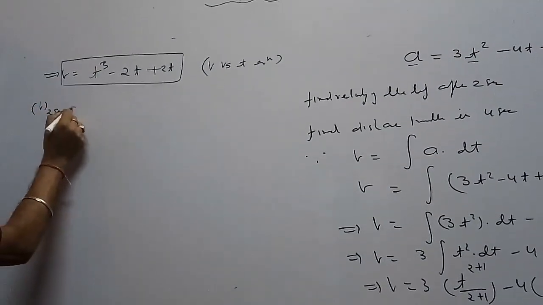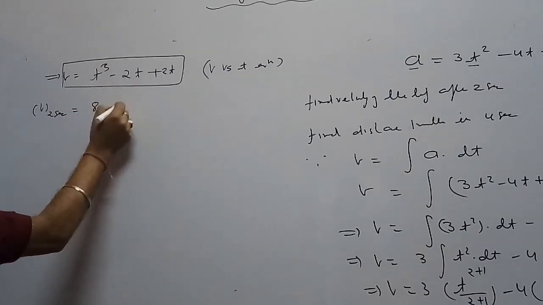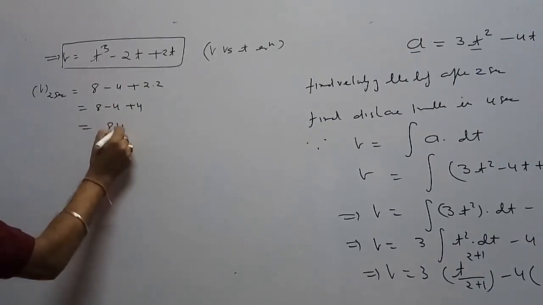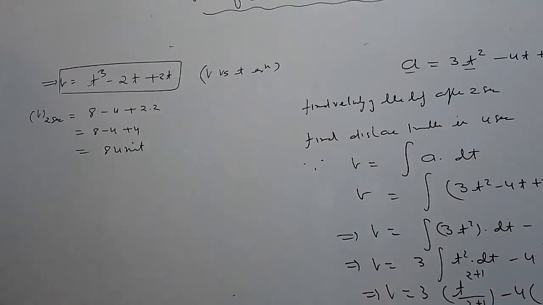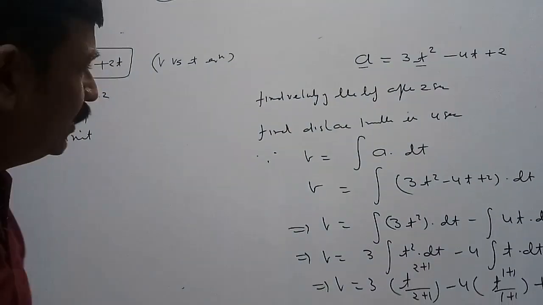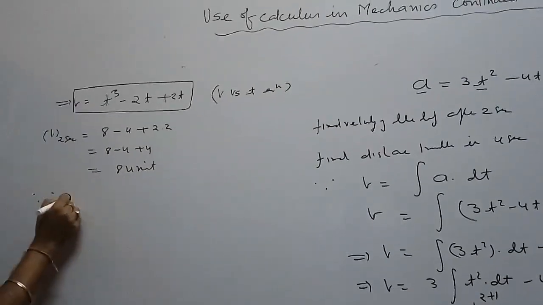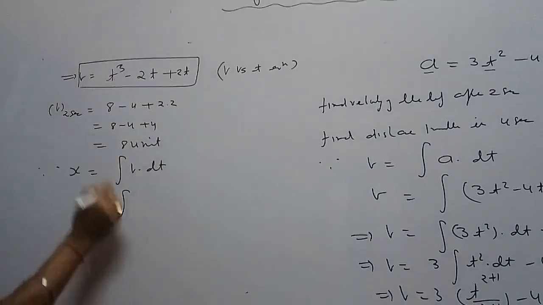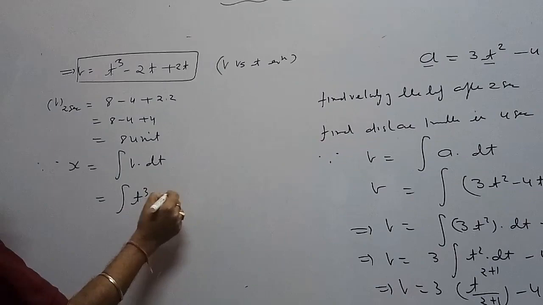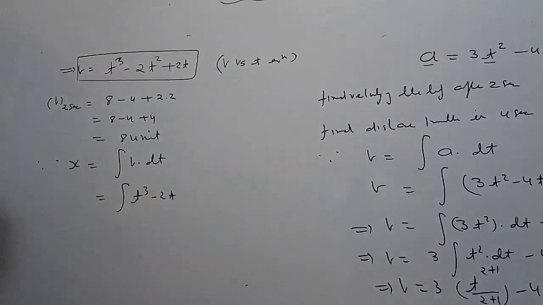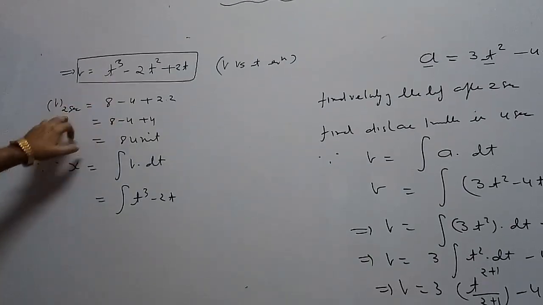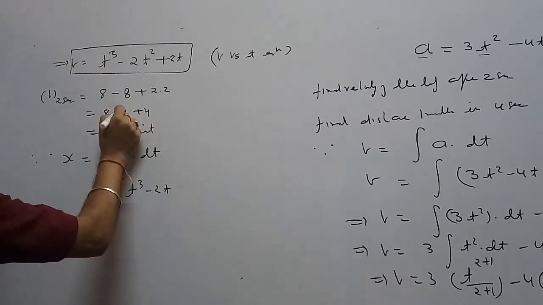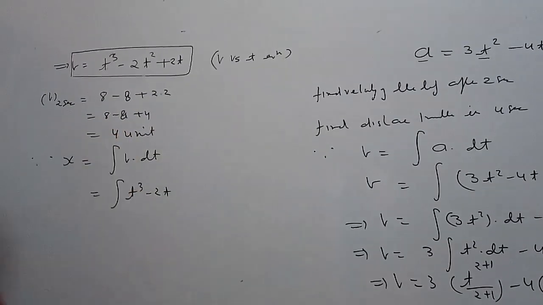So velocity when time is 2 seconds will be 2 to the power 3, 8, minus 4 plus 2 into 2. 8 minus 4 plus 4, that is 8 units. Then the second part is to find the distance traveled by the body in 4 seconds.